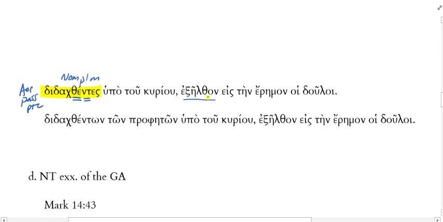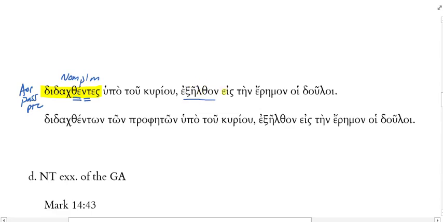What tense is exēlthon? It's an aorist tense, so it's past time. So I'm going to want to perhaps see this as being past, but prior to the main verb. So after having been taught, hypo tou kyriou, what's that? By the Lord. Exēlthon eis tēn erēmon hoi douloi.